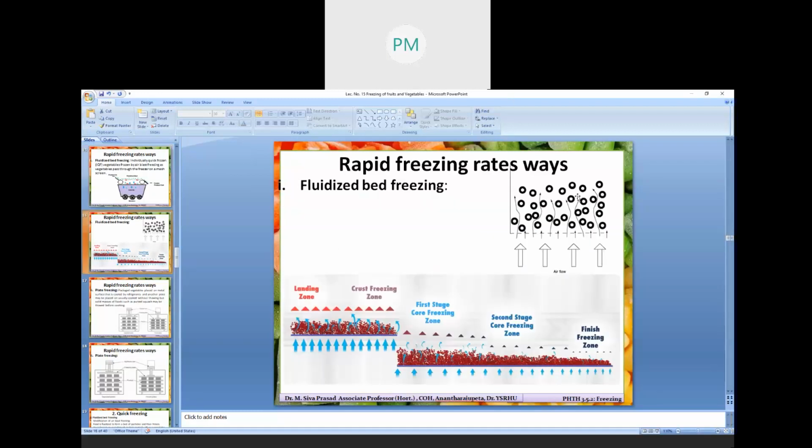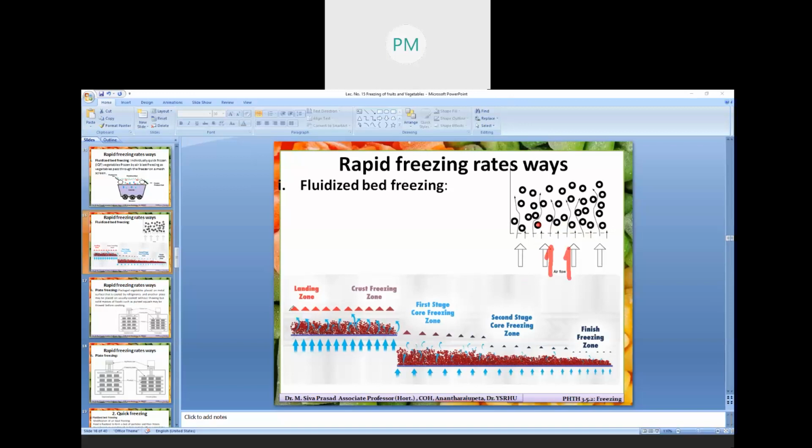See here, you can clearly see how the cool air is blowing and the product is getting frozen. The cool air is being blown and the product is raised. When it is blown, it will be lifted slightly from the conveyor belt and it will be frozen. So you can see different stages.